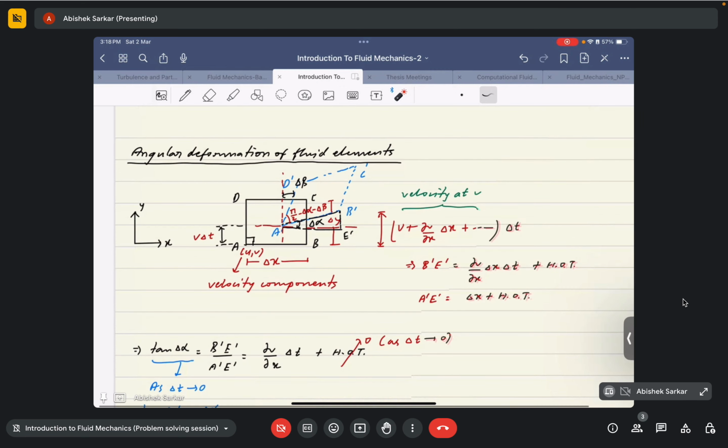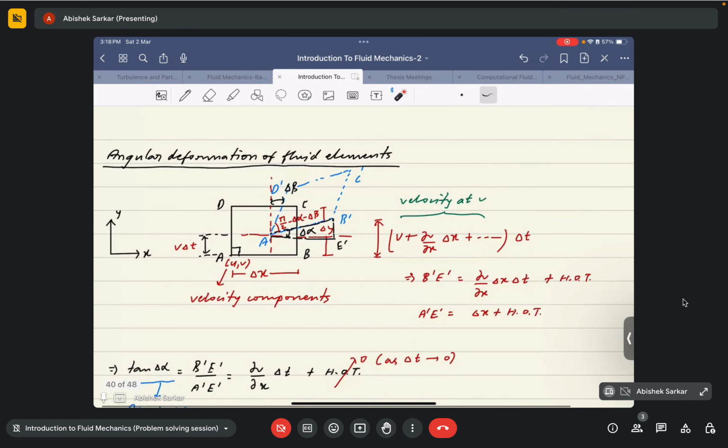Let me zoom it a bit so that you can recapitulate what was discussed in the class, and then we'll go ahead with the derivations. Of course, if you have any doubt, you can stop me at any moment. I will try to clear it, and if it's still not clear, you can revisit the lectures by Professor Chakraborty.